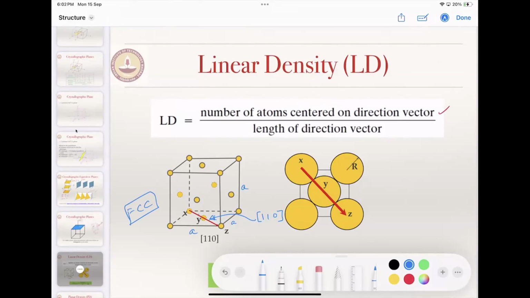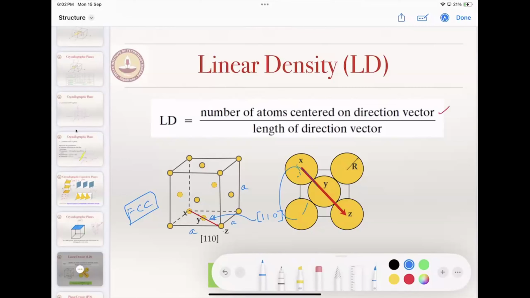Now, if I look at the 110 direction, if you draw these circles larger, these atoms will touch each other along this direction. But these two atoms do not touch; only along these directions they touch, depending on the geometry that we have.